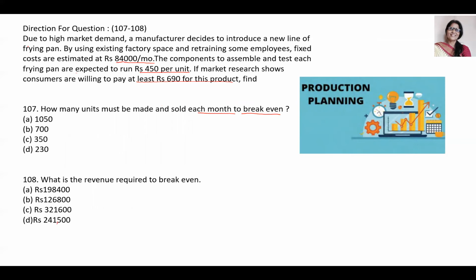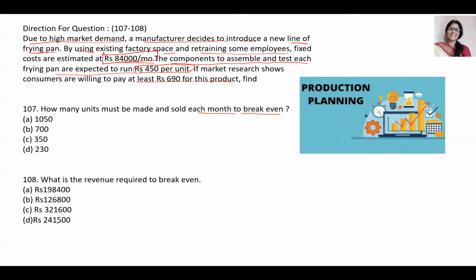So let us read the question again. Due to high market demand, the manufacturer decided to introduce a new line of frying pan. By using existing factory space and retraining some employees, fixed costs for this are 84,000 per month. This is the fixed charge per month. The components to assemble and test each frying pan cost 450 per unit.